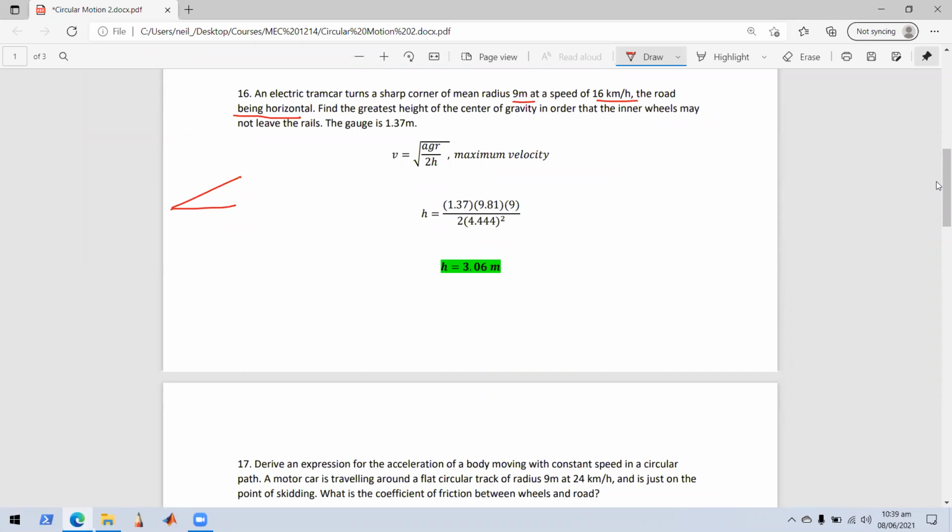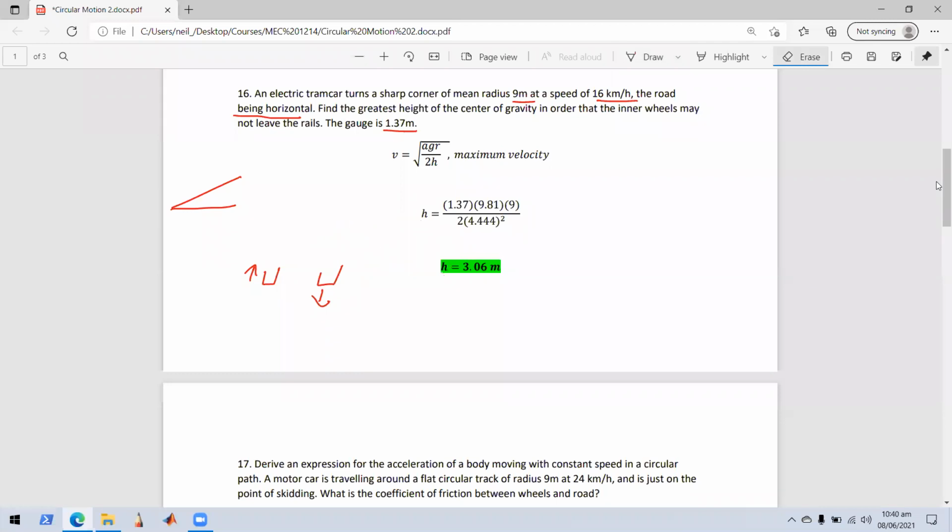The gauge is 1.37 meters. So for the inner wheels to not leave the rails, what that's talking about is not flipping, right? Not transferring all of the weight to one of the wheels and having this one raise up and the car flip.